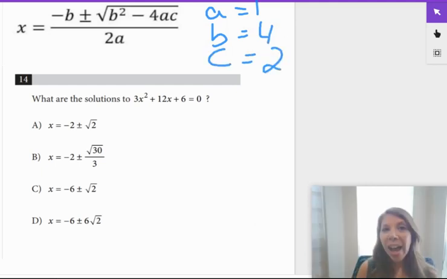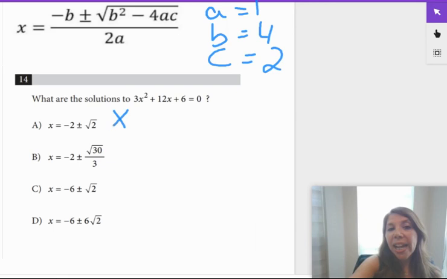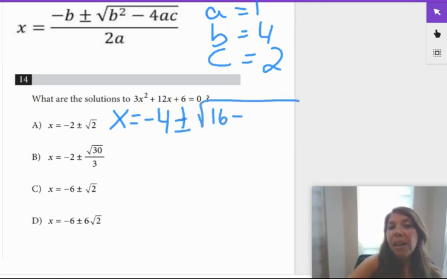Now that we know that, we can plug these variables into our quadratic equation. And what we would find is that x is equal to negative b, so that's a negative 4, plus or minus the square root of b squared, which is 16, minus 4 times a, which would be a 1, times c, which is 2.